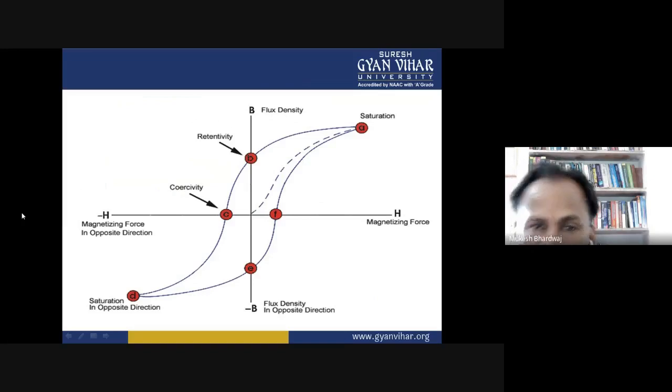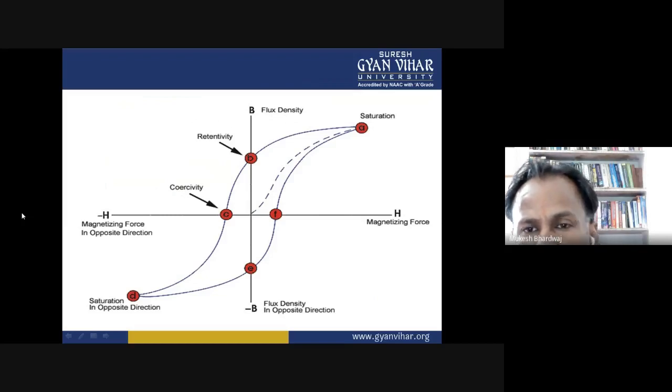First, the curve is between B and H. On the horizontal x-axis, we take H, and on the y-axis, we take flux density, that is B. There are some points shown in red color which are points of some terms.